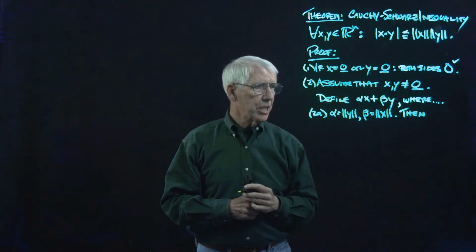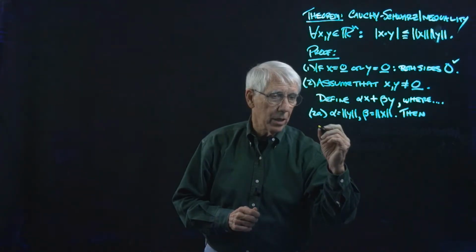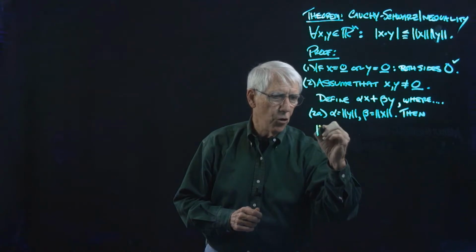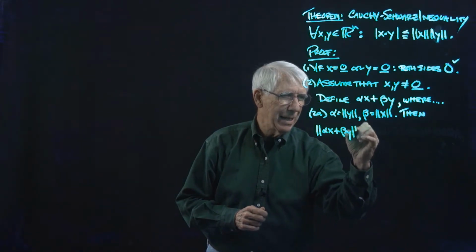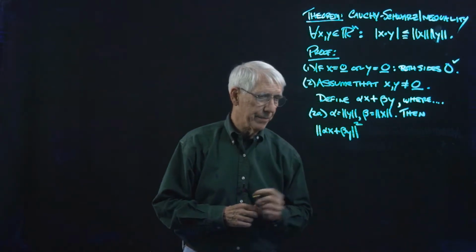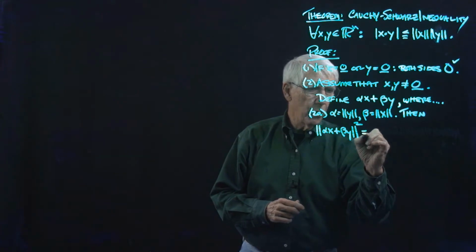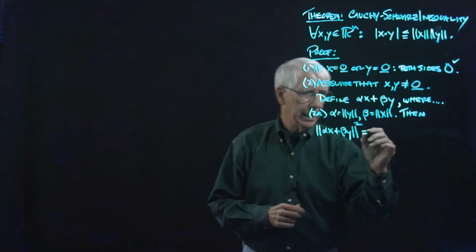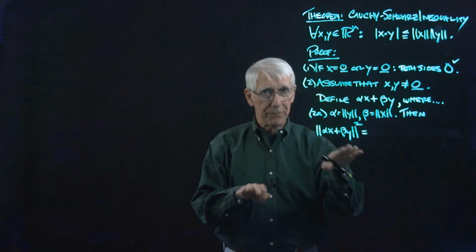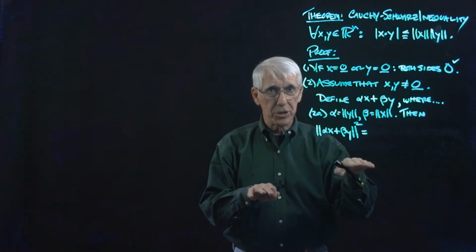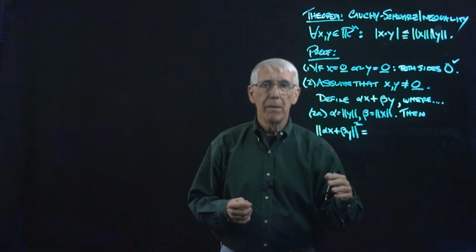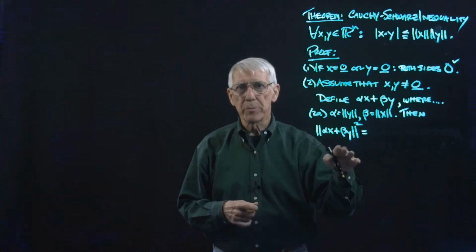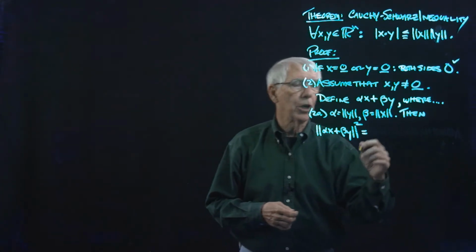So if we have this, then what I want to look at now is the norm of alpha x plus beta y squared. And so that is going to be, and now I'm skipping a few steps here. You can fill in the steps yourself, or you can go to our lecture notes where you can see the steps filled in. But it might actually be a good idea to try to do the arithmetic yourself first before you look at the lecture notes.